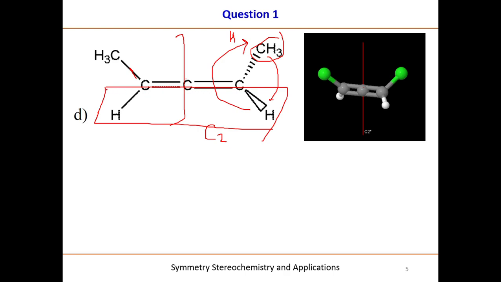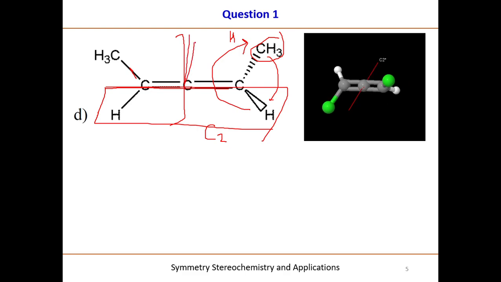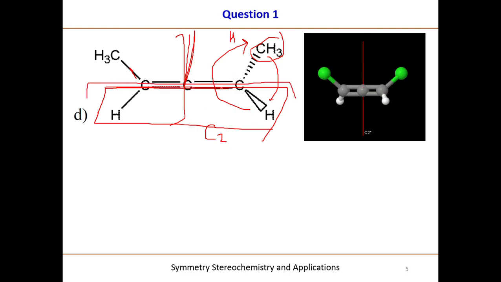Why am I talking about the horizontal plane? Because this plane is perpendicular to the principal axis. Here the principal axis is C2. We don't have any subsidiary axis here. If you pass an axis over here and rotate by 180 degrees, you will not get the same compound as the original one. So there is no subsidiary axis and no plane. Now we will check the vertical plane also.